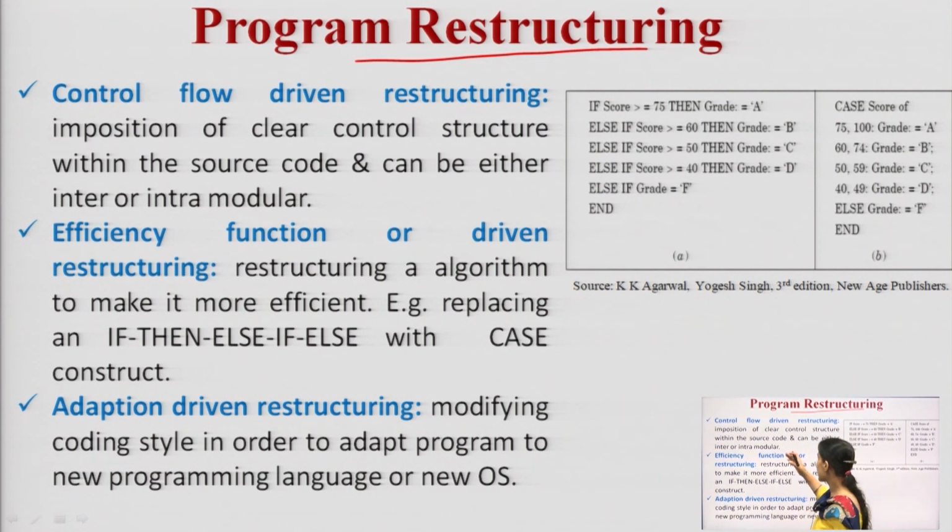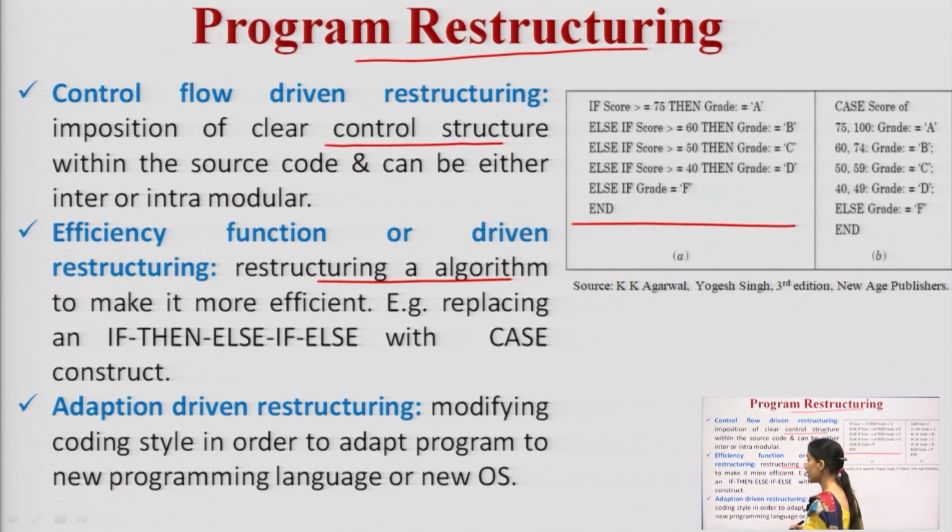The first one says we have the imposition of a clear control structure within the source code, and the second one says we are restructuring the algorithm to make it more readable. Let us take the example. Here we have replaced our if then else code with the case construct. The third says we are modifying our coding style to adapt to the new programming language.